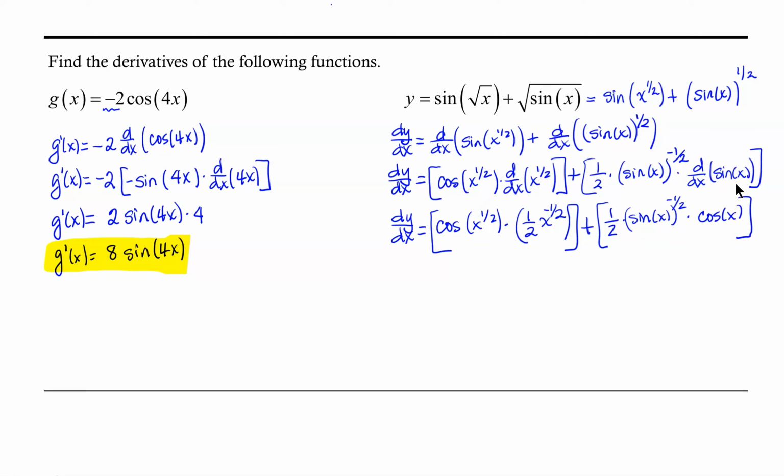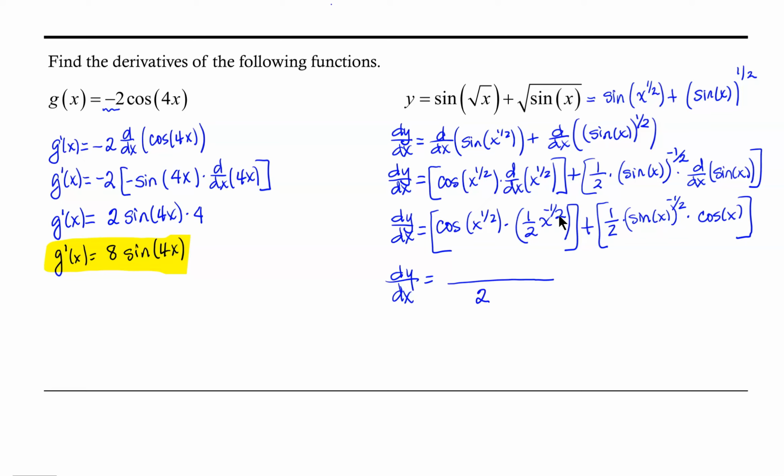At this point, we are finished finding the derivative, and now we're just going to clean this up a little bit, get rid of negative exponents and so forth. So our derivative dy dx is equal to, now notice we have 1/2 x to the negative 1/2. So we're going to move that x to the negative 1/2 to the denominator.